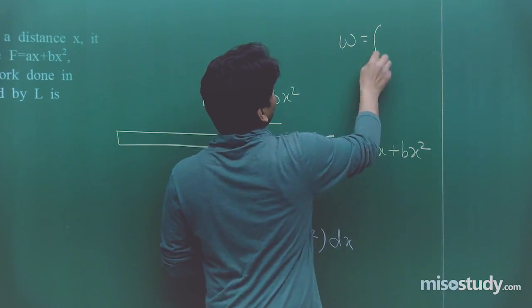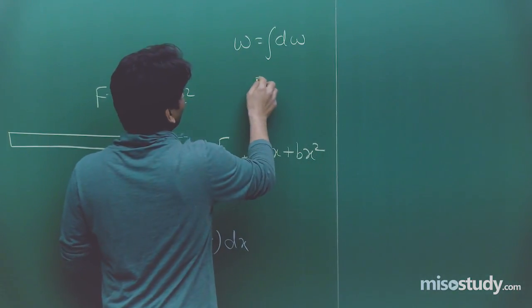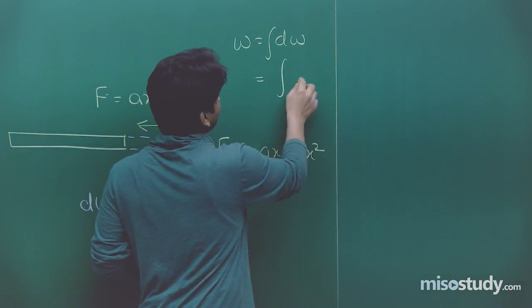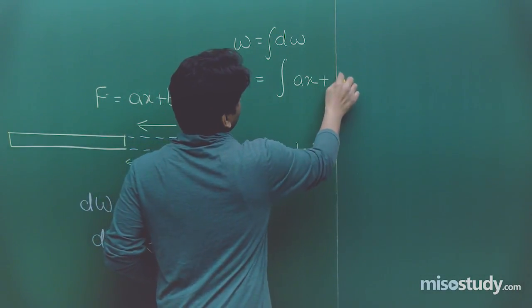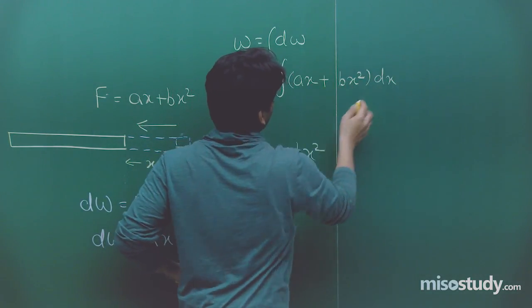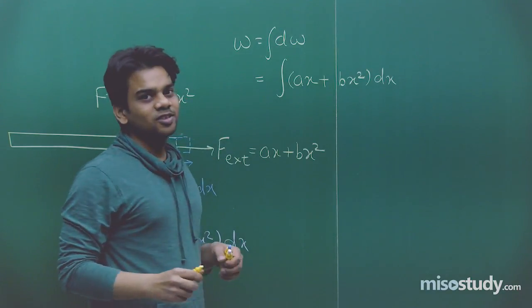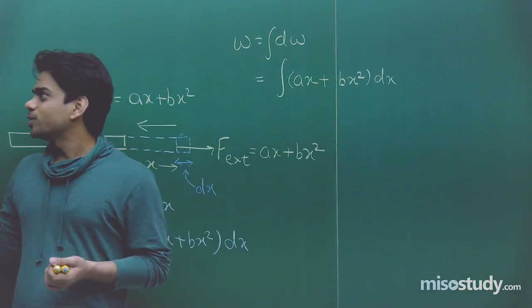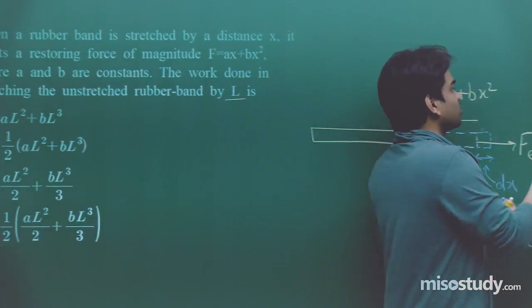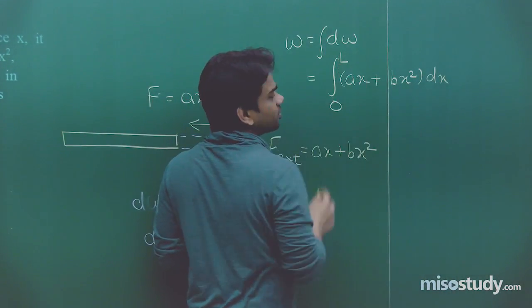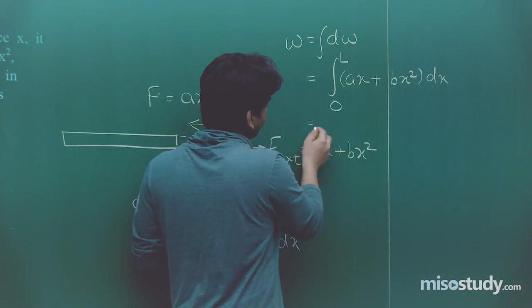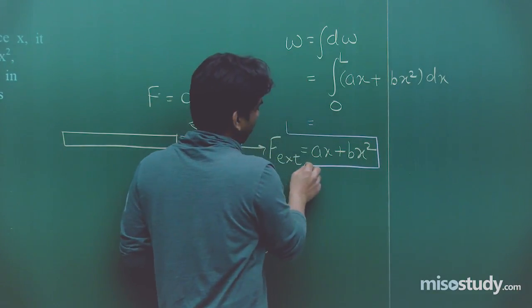That will be the integration of dw, and that will be the integration of ax plus bx square dx. We need to integrate it from its natural length, that is x equal to 0, and you need to stretch it through length capital L. So this will be from 0 to capital L. Let me solve the integration properly here.